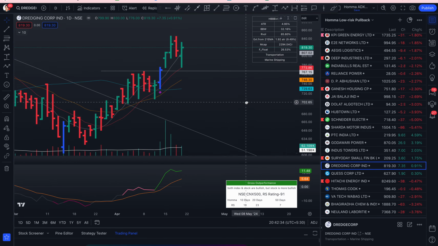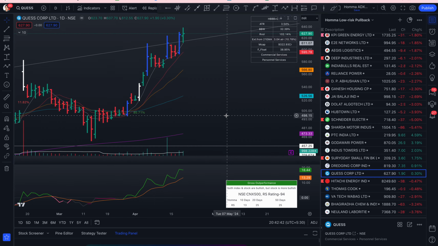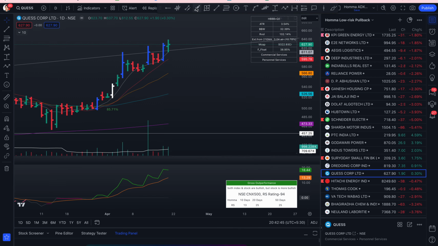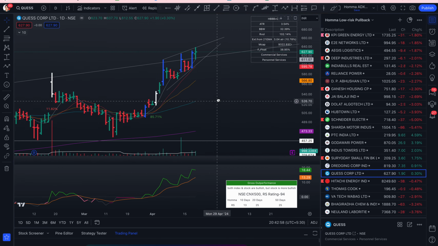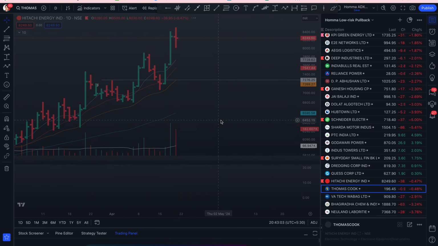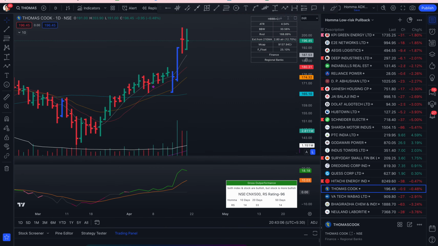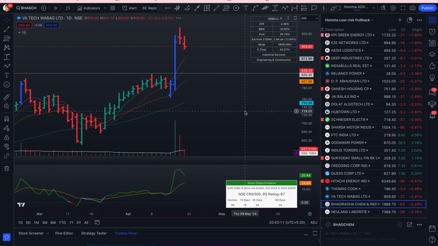Now there is possibly, after 1 or 2 days of more consolidation, an entry but still not ready. Yeah, Quest Corp, this is a wedge up structure. So you join the tops, you join the bottoms, so this structure looks like a triangle but it has a slope up, right? So you don't want this kind of stuff right now, at least they are sort of overextended. Thomas Cook is not a wedge up structure but a structure where there is no pullback entry.